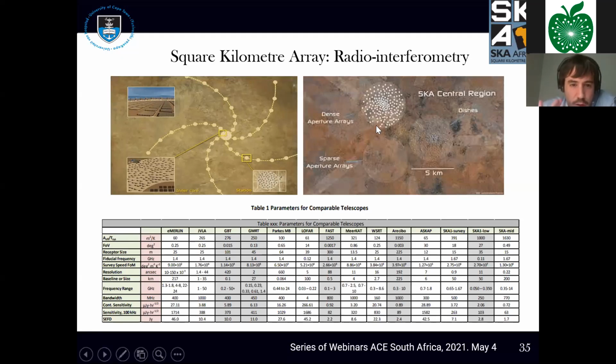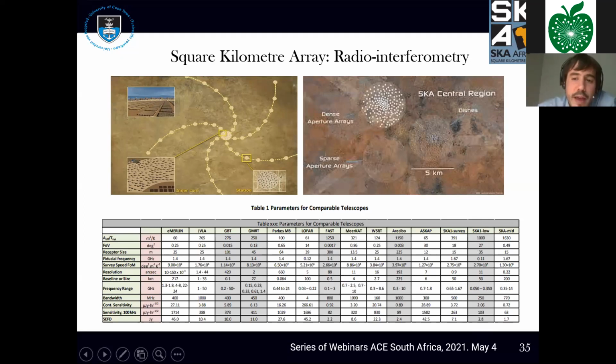Okay, as I told you, first resolution: here we compare the resolution of the SKA with other radio telescopes. You will see that the SKA has one of the highest resolutions. By the way, we have here the project in Australia, the SKA Low.